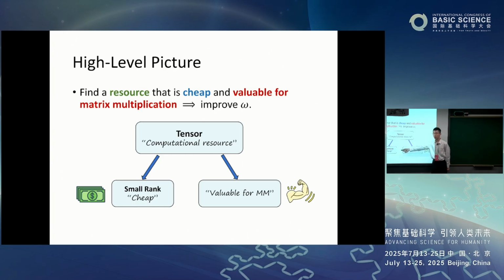The first one is that the resource should be relatively cheap, which means that the tensor should have a small rank. And the second property is that the tensor should be somehow useful for our goal of multiplying matrices. As long as those two properties are true, we can use standard techniques to argue that the computational complexity of matrix multiplication must be bounded by something. So this is the high-level picture.